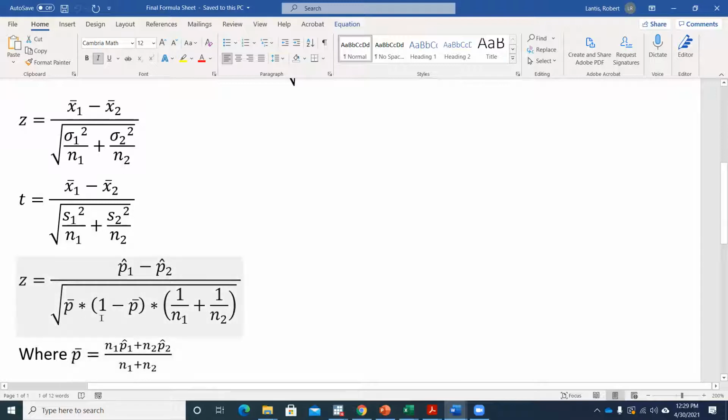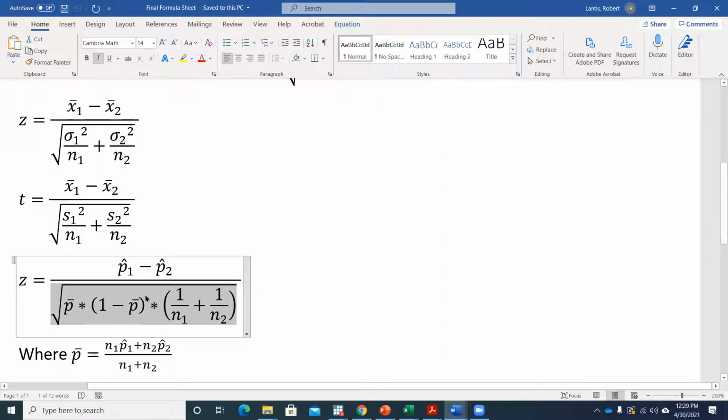Once I have P bar, I'll plug that in, plug in my sample sizes. I've been given everything. This test statistic requires a little more work, but once you identify the correct formula, it's just getting those values plugged in correctly. Now remember, the denominator of our test statistic always represents a standard deviation.